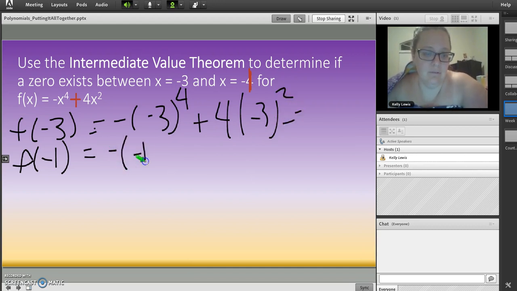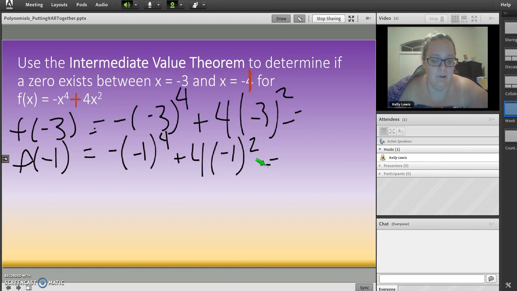Negative 1 to the 4th plus 4, negative 1 squared. I get negative 45.